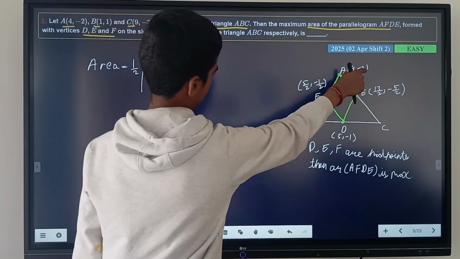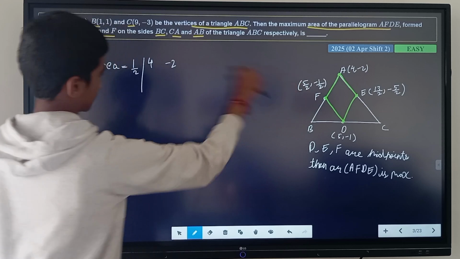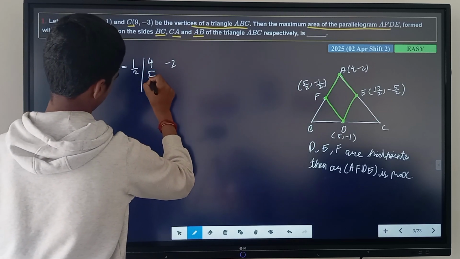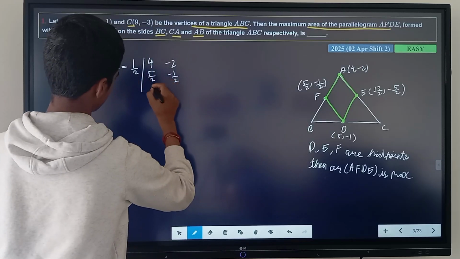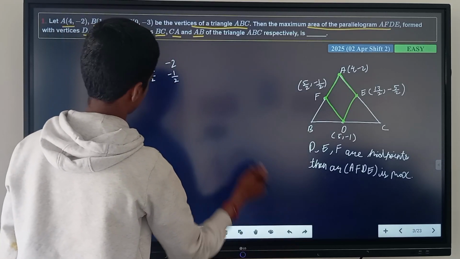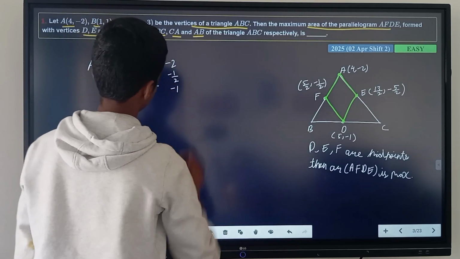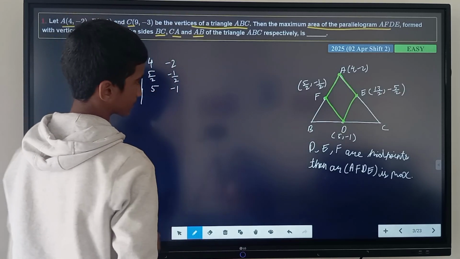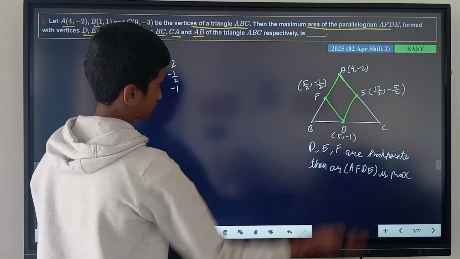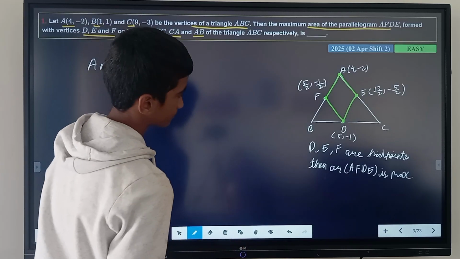First let's write point A, then the next point F, 5 comma 2, next point D, 5 comma minus 1. This is a shortcut to find area of any kinds of shapes, with 3 sides, 4 sides, and so on.